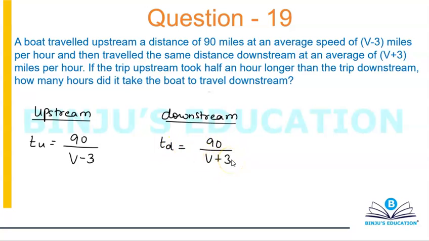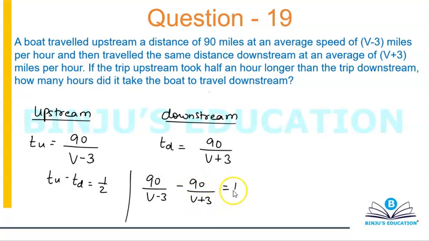Now the trip upstream took half an hour longer, so tu minus td is equal to 1 by 2. So we will have 90 divided by v minus 3 minus 90 divided by v plus 3 is equal to 1 by 2.